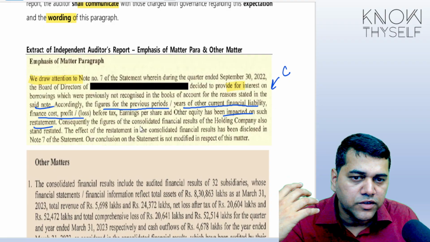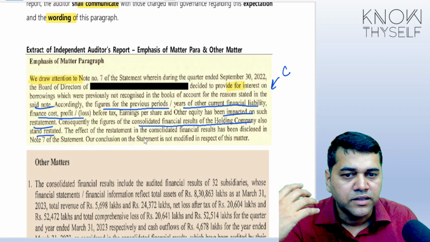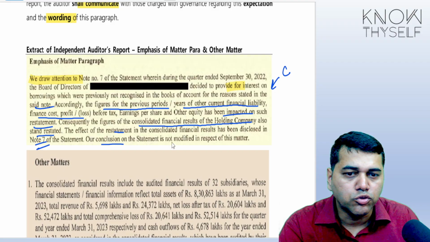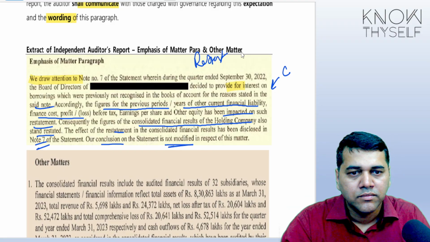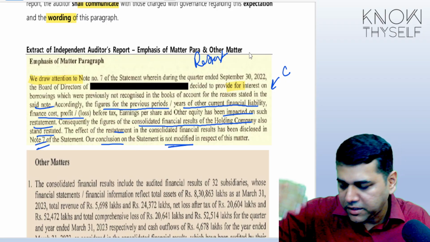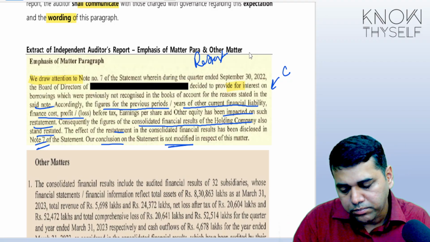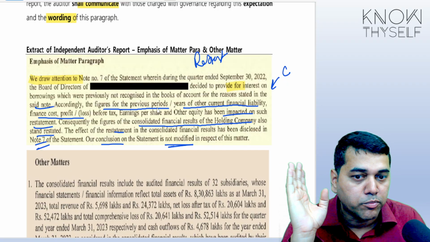Consequently, the figures of the consolidated financial statement results of the holding company also stand restated. Effect of restatement has been disclosed in note number 7. Our conclusion is not modified. Simple. They have missed something and they must have restated. And how they should account, how they should disclose, everything they have done perfectly. That means the opinion is not modified.